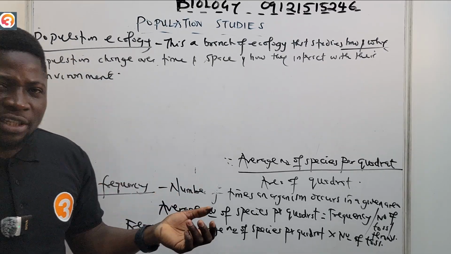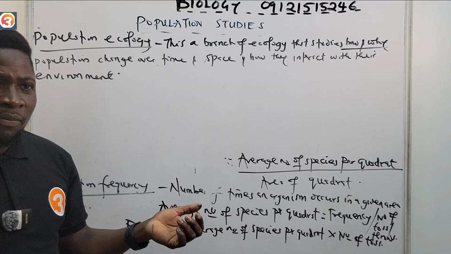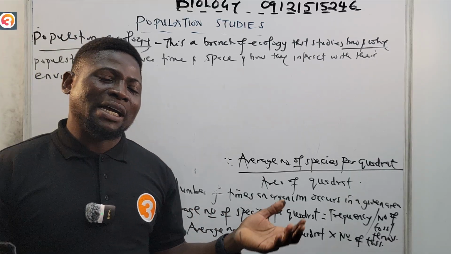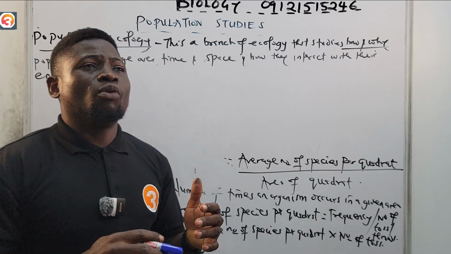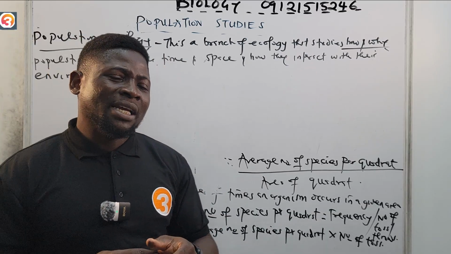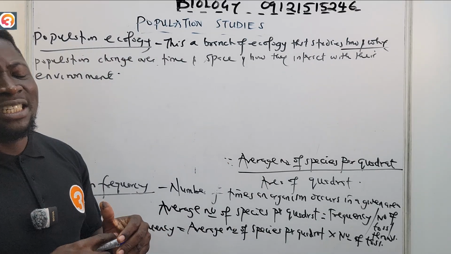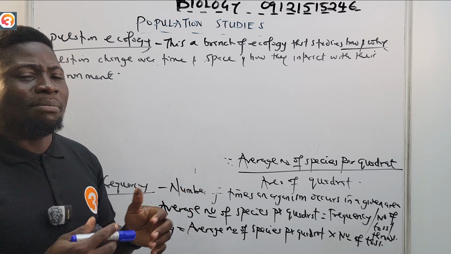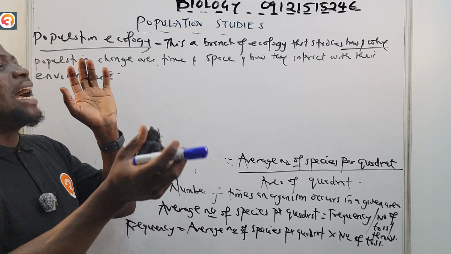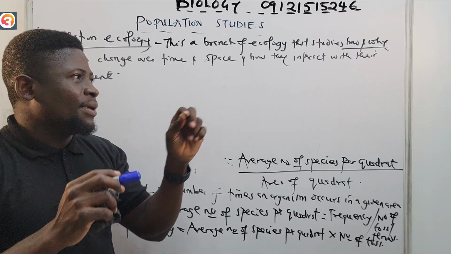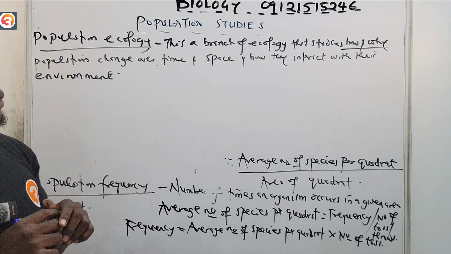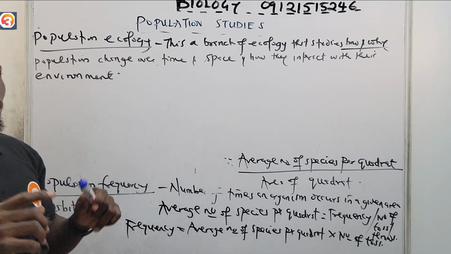They may either increase or decrease, maybe because a predator has come to the community and is killing, or a disease has come and is killing some species in that habitat. So it studies why populations change over time and space, and how they interact with each other.